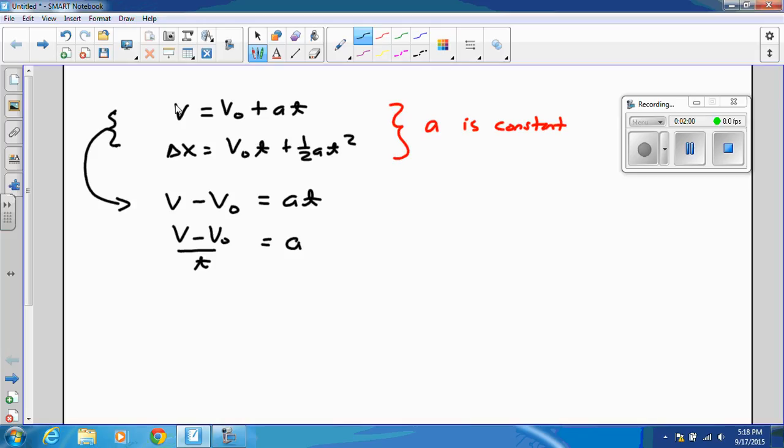Incidentally, if you take a close look, you can see that this is actually the change in velocity over t minus 0, which is the change in time. So really, we've just rediscovered the definition of acceleration to begin with.